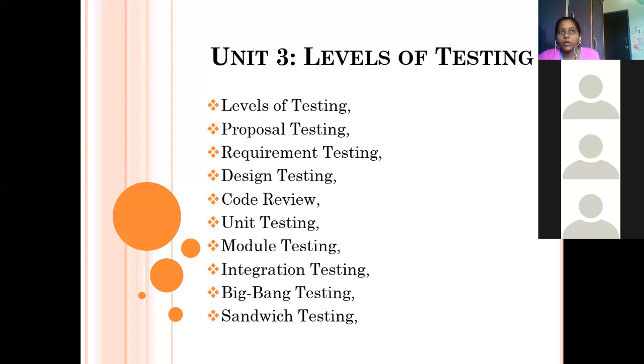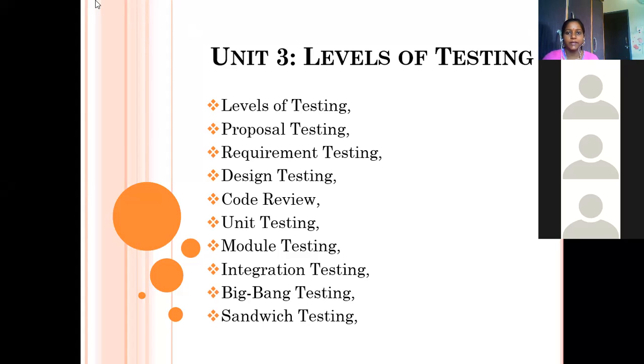Whatever the basics about testing are there, like what exactly unit testing, module testing, integration, and those primary levels of testing are, we are going to cover in this particular unit. So this chapter is also very important. This is the syllabus part of this unit.